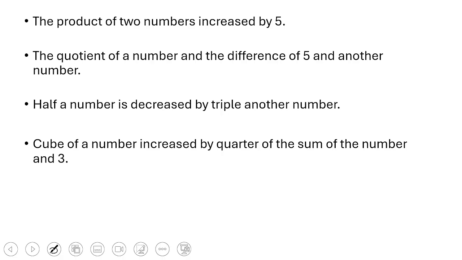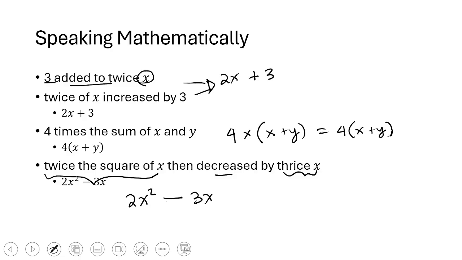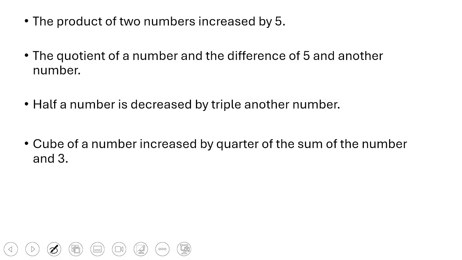Okay, now, of course, in conversational English, we would not usually be using the word x. Instead, we would say a number or a value. So we'll just stick with a number. Now let's have the first phrase. The product of two numbers increased by 5. Now we have two numbers. If we have two numbers that are unknown, then we would also have two variables.